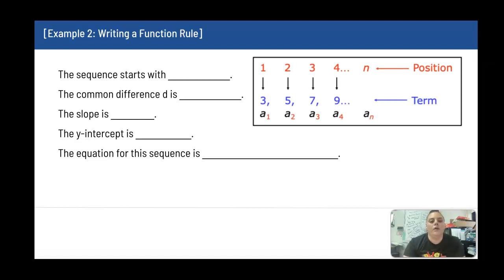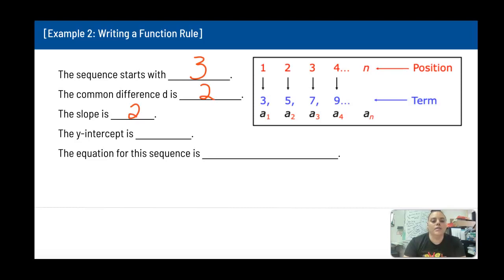We can write a rule for a sequence because we know that they are linear. This sequence starts with a 3. The common difference from one to the next, 3 to 5, 5 to 7, 7 to 9, we're adding 2. So the slope is 2.